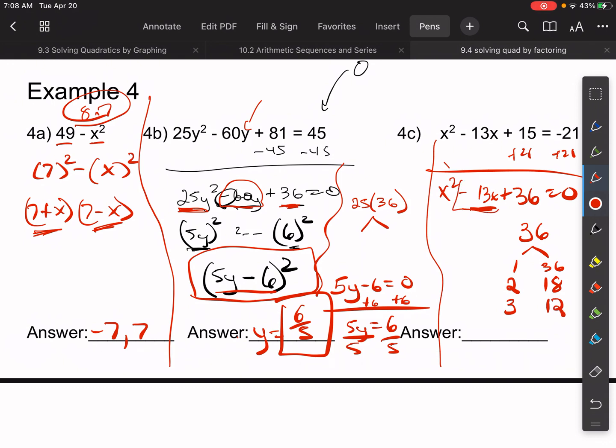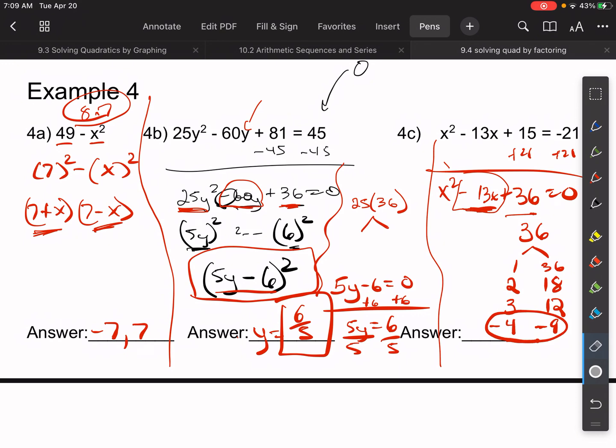Can't get a 13 out of that either. So let's keep going. I also could do 4 and 9. And there is where I get my negative 13. Okay, if these are both negative, then I know negative 4 times negative 9 is positive 36. Negative 4 plus negative 9 is negative 13. So these are the two factors I can use.